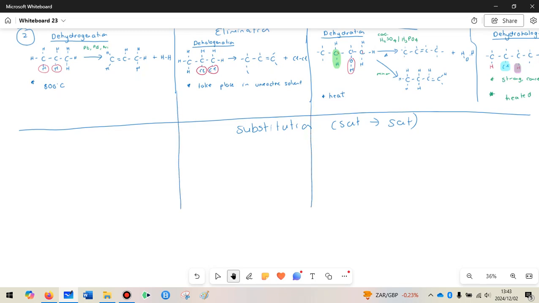Okay, I'm trying to keep this in the order for a reason. So I'm not actually going to put anything in the first row because I have no substitution hydrogenation reactions. So I'm actually going to start with the halogenation. Okay, also called halogenation here, and you'll see the big difference between this and the addition.